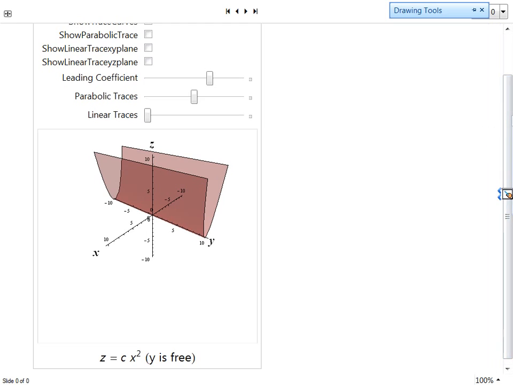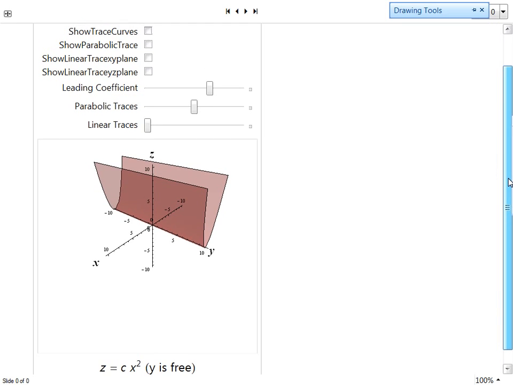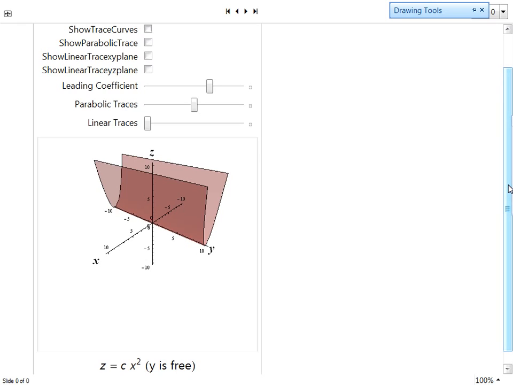The equation of it looks a lot like what? Like y equals x squared, parabola. This one is z equals x squared. Your y is free. So it looks like a folded piece of paper that's in a parabolic shape. And it comes down which axis? Down the y-axis. Down again the free variable axis.